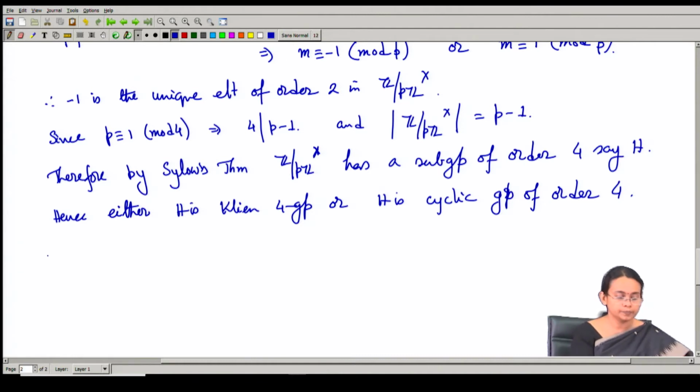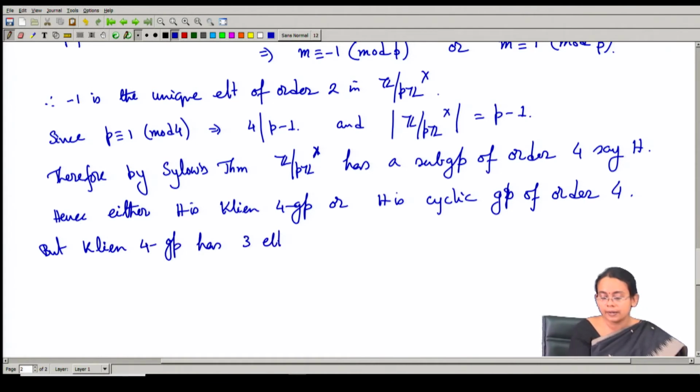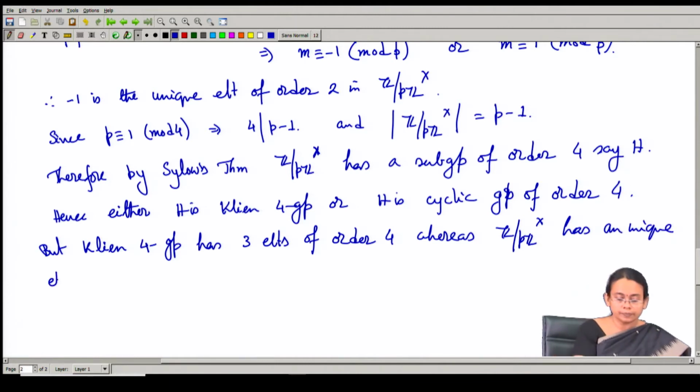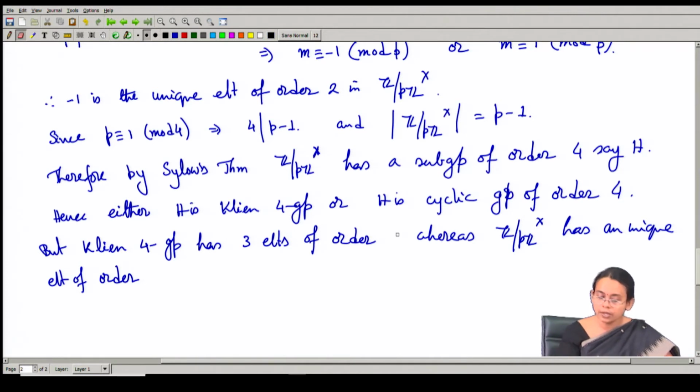So, we know that the Klein 4 group has 3 elements of order 2, I am extremely sorry, whereas Z quotient pZ cross has a unique element of order 2.